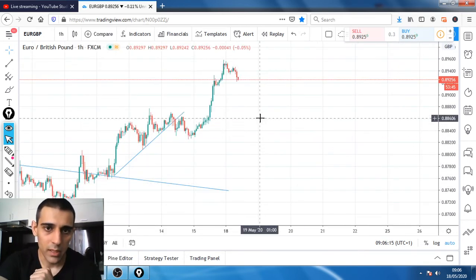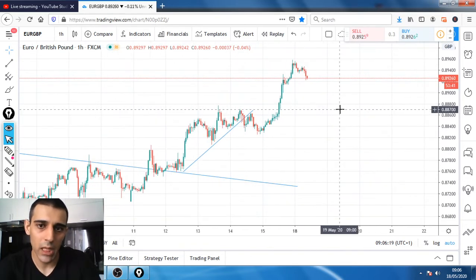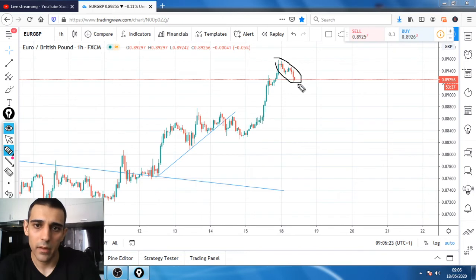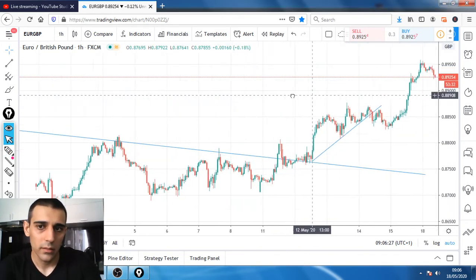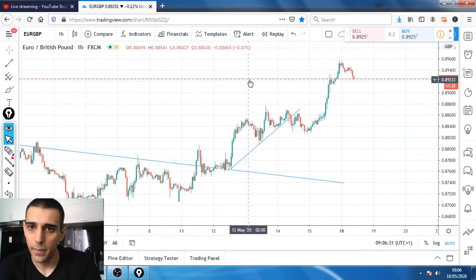On a 1 hour time frame, it is going fairly smooth. We have this move down here. We do have this sort of support level down to this level, where the price already tested in the last hour.